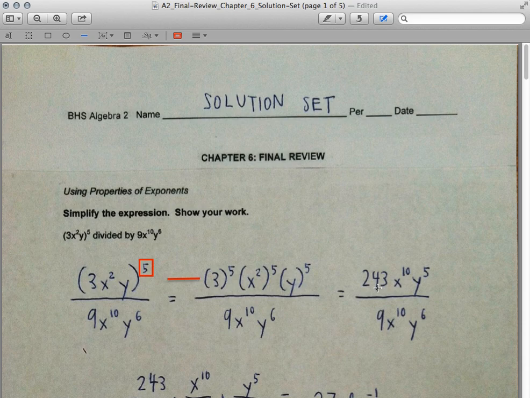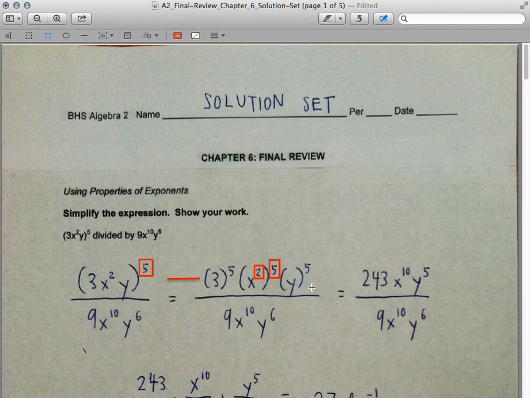3 to the 5th equals 243. X squared to the 5th power brings in another exponent property: when an exponent is raised to another exponent, the relationship is multiplication. So in this case, the exponent 2 is being raised to the 5th power, and that is where x to the 10th power comes from.